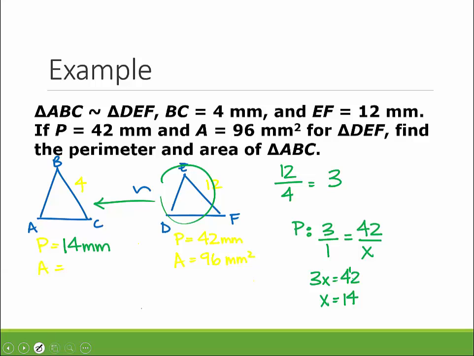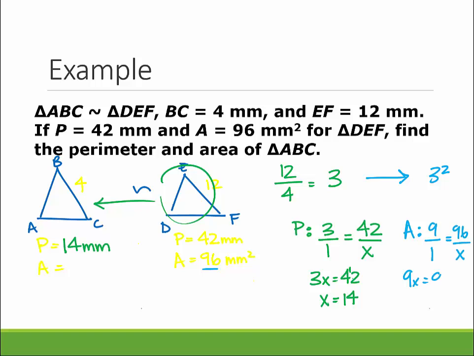And then remember, area has to be squared. So instead of 3, it has to be 3 squared, which is 9. So for the area, we want 9 over 1 to equal this area, which is 96, over what we don't know.